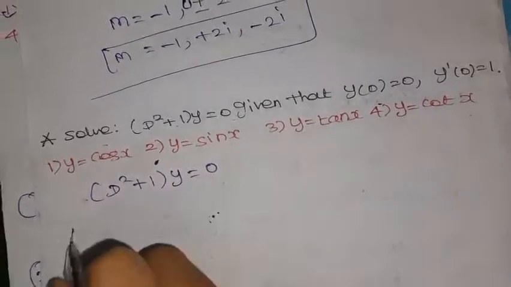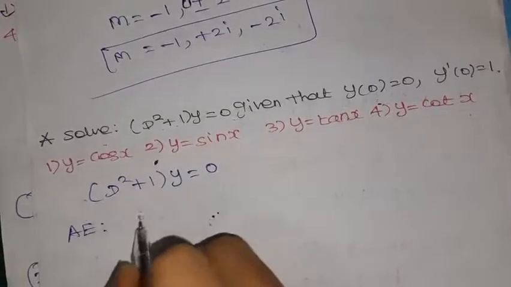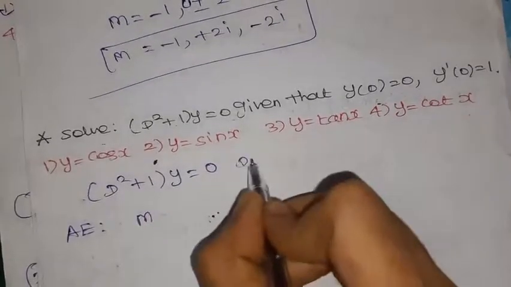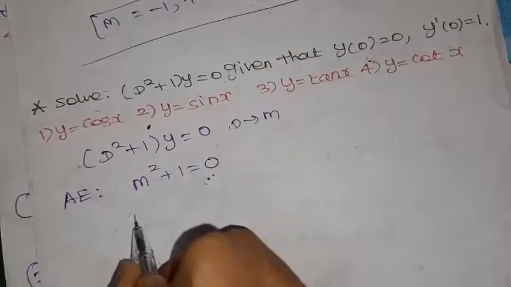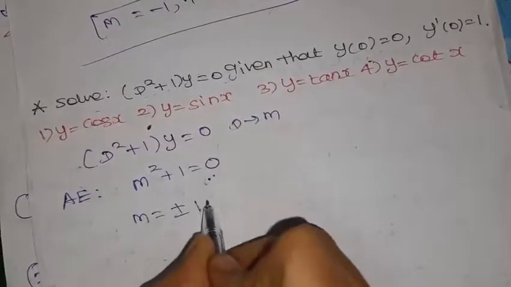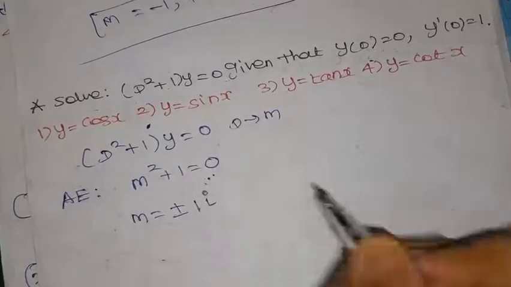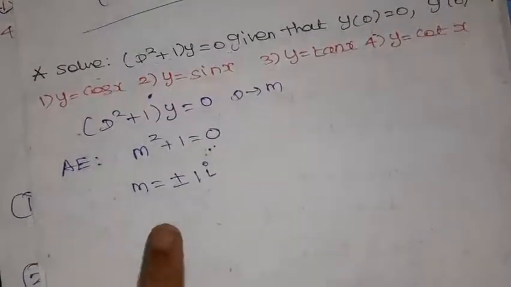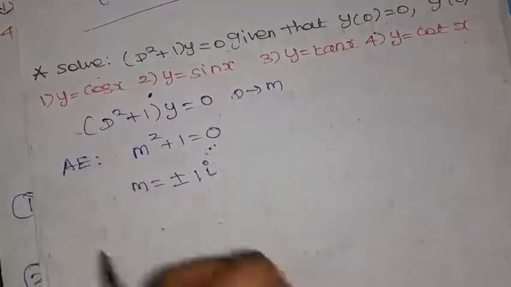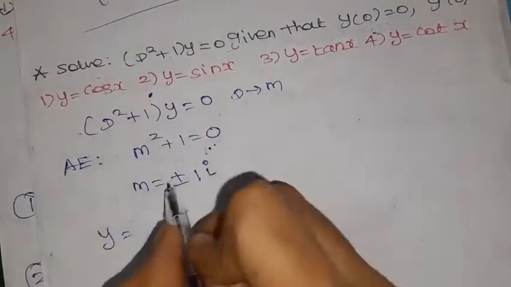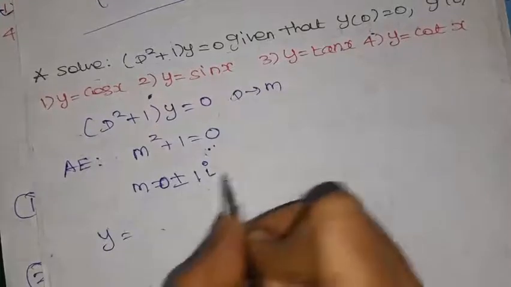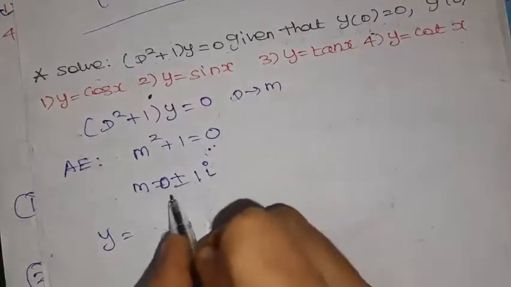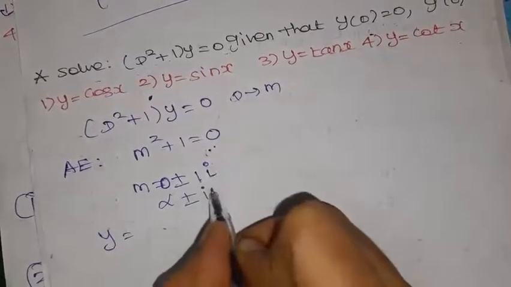To form the auxiliary equation, replace d by m. So m square plus 1 equal to 0. So m equal to plus or minus i. Here the roots are complex conjugate, of the form alpha plus or minus i beta.